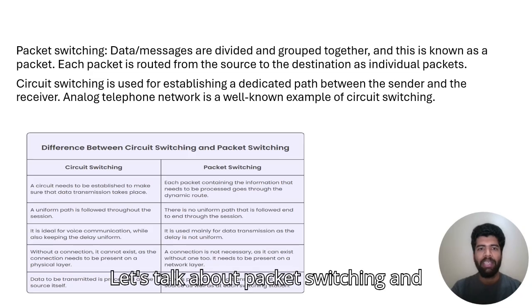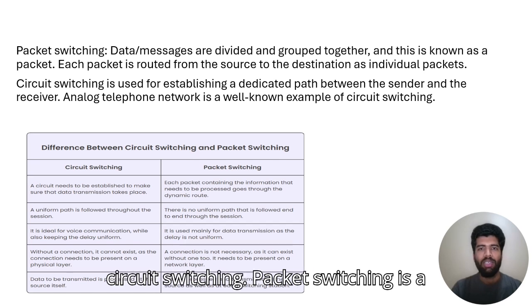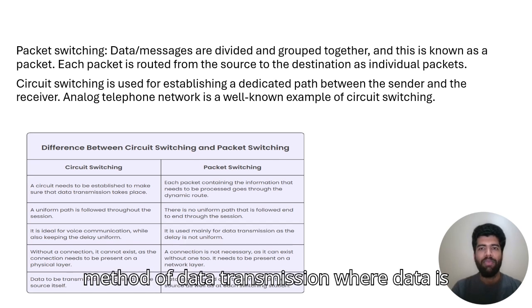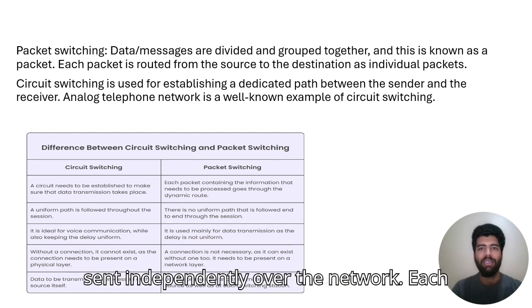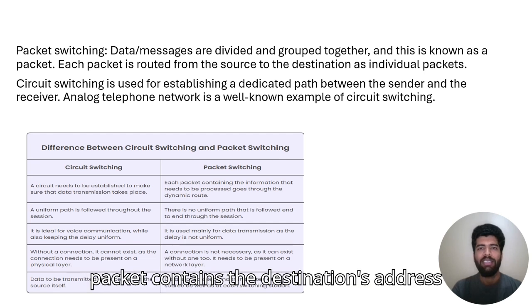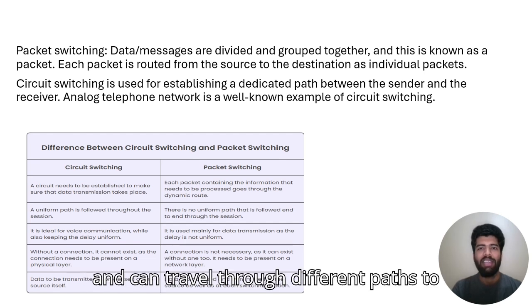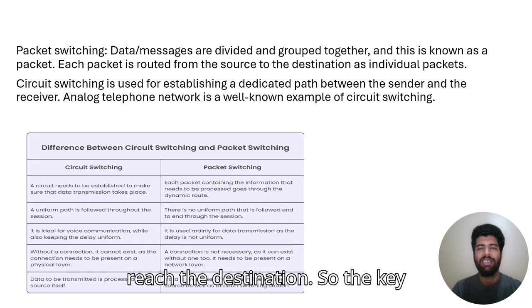Let's talk about packet switching and circuit switching. Packet switching is a method of data transmission where data is divided into small packets that are sent independently over the network. Each packet contains the destination's address and can travel through different paths to reach the destination.